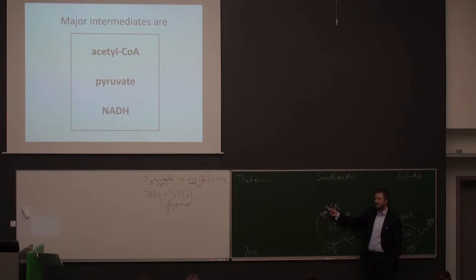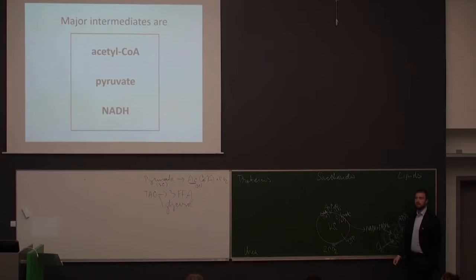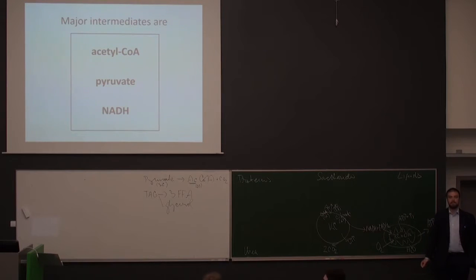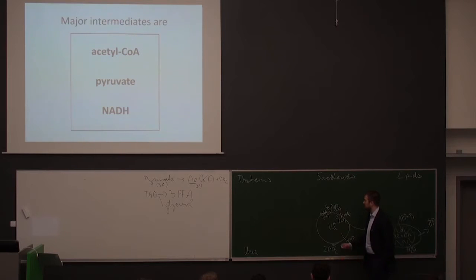How do we produce acetyl coenzyme A in our body? Oxidation of pyruvate. So we take pyruvate.